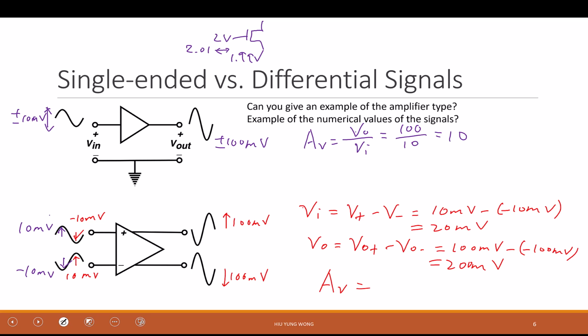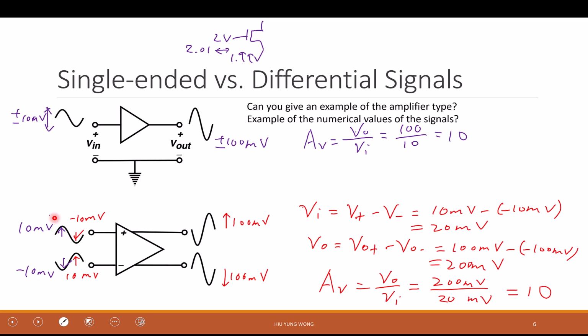Again, by definition, it is V out divided by V in. And V out, I know it is 200 millivolts. V in is 20 millivolts. So the gain is 10. Oh, sorry. The gain is 10.